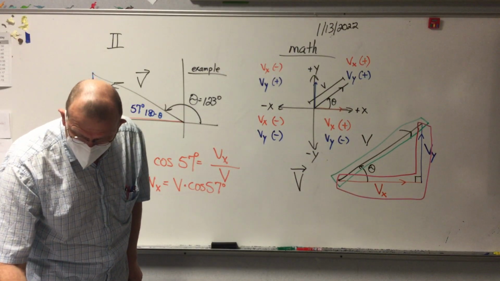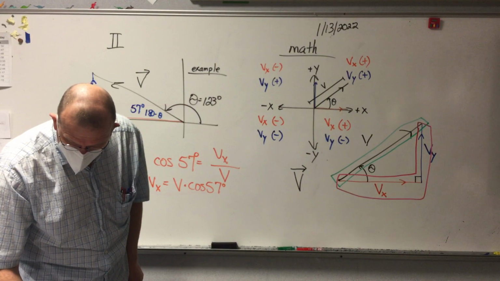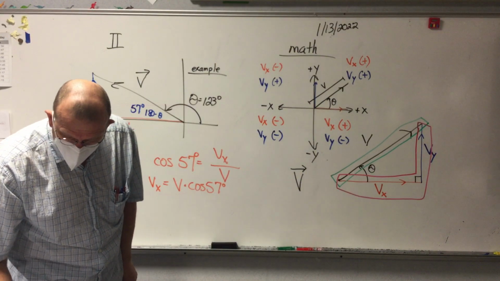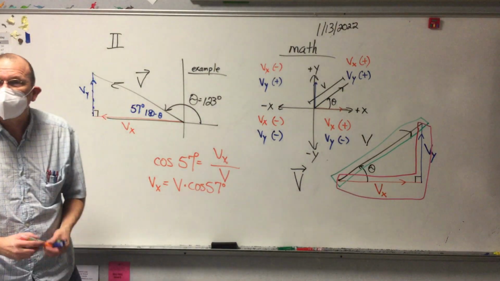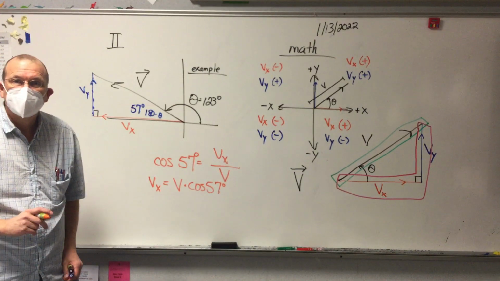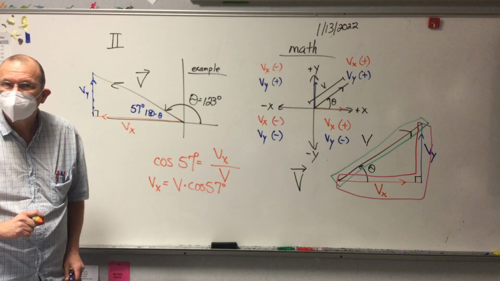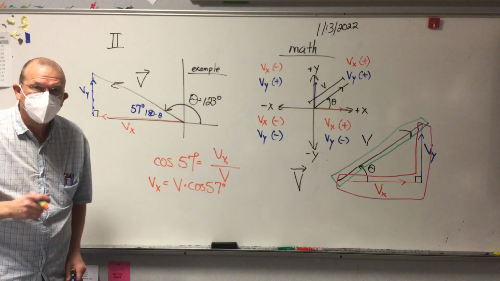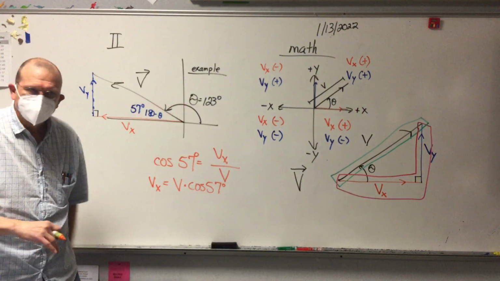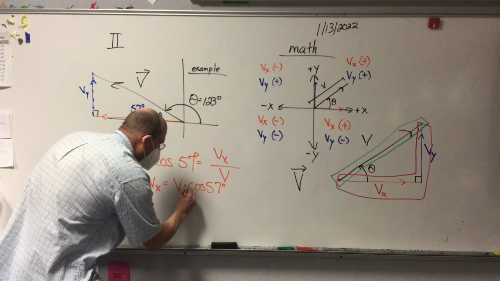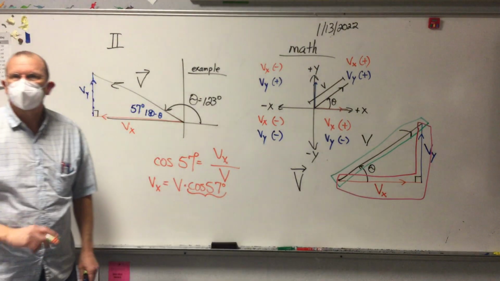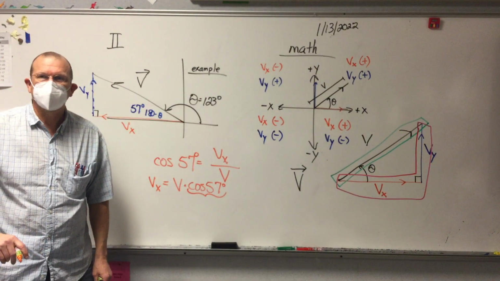Give me cosine of 57, and give it like 5 or 6 digits. Who's got it? Nice and loud.